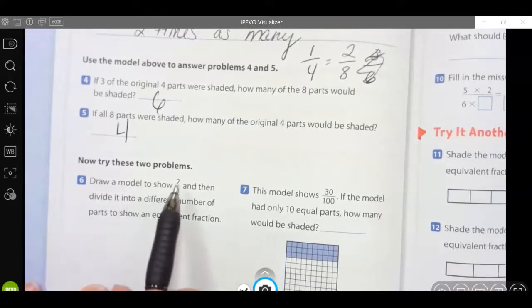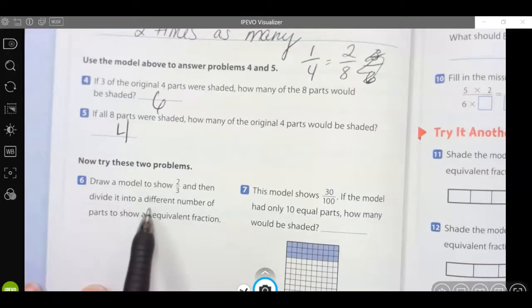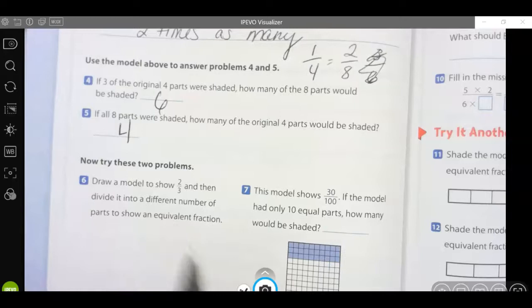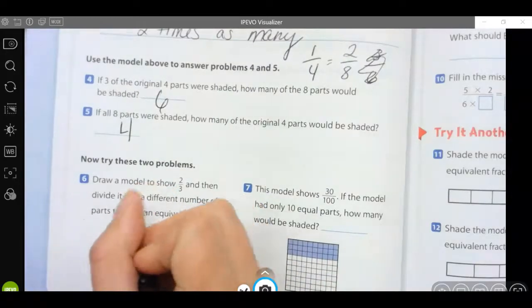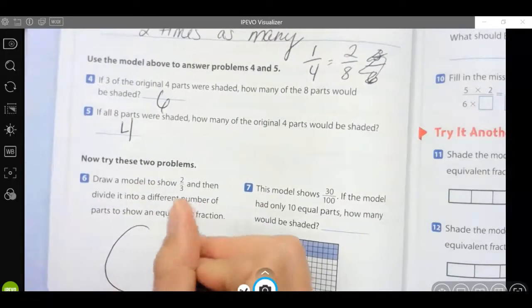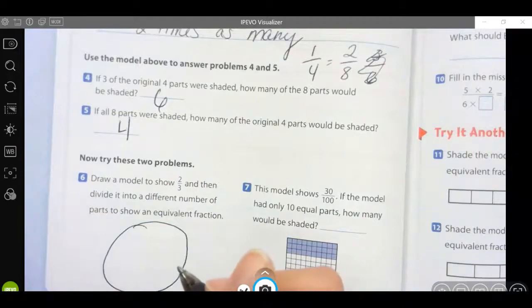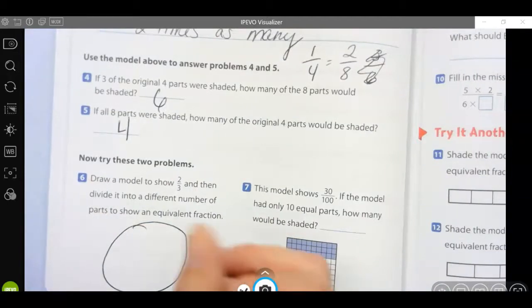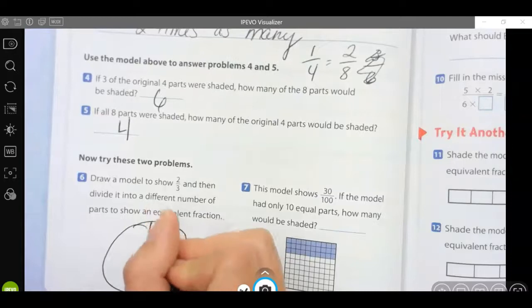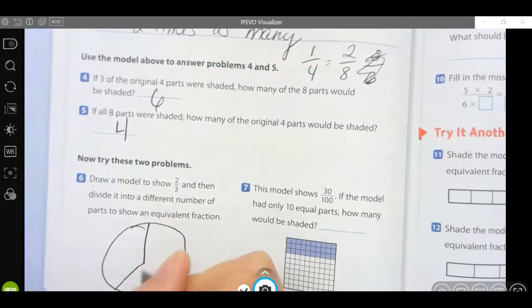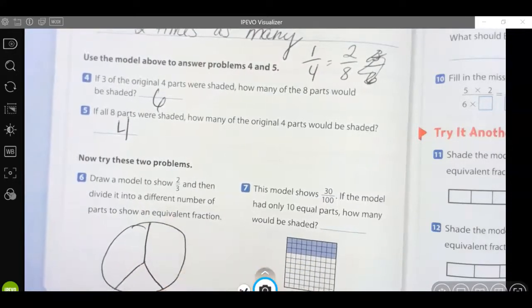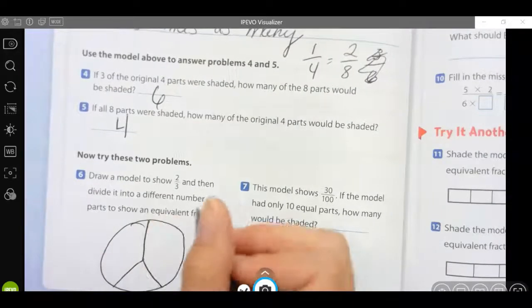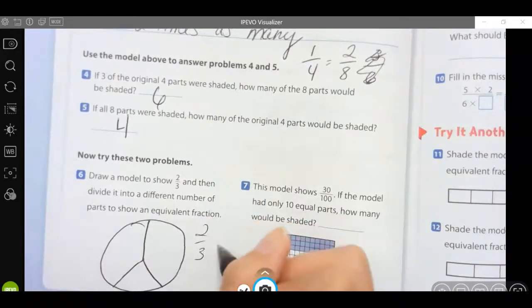Number 6. Draw a model to show 2/3 and then divide it into a different number of parts to show an equal fraction. So let's draw a circle, right? And we are going to draw this into 3 equal parts. So 1, 2, 3. Try your best, right? That doesn't really look equal, but it's our best. So this is 2/3.